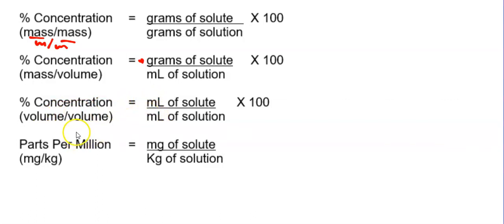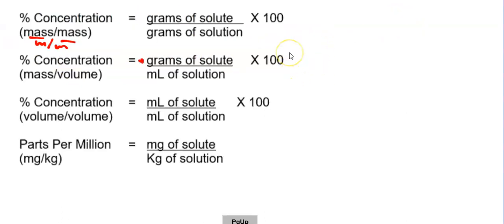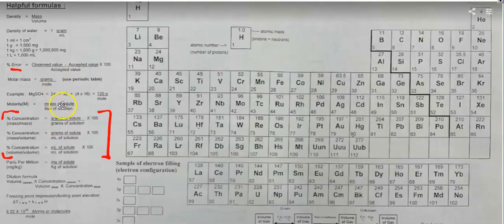So let's go ahead and just look at an example problem. You have 15 milliliters of bleach in 4,000 milliliters of water, and it wants the percent volume over volume. So I've already cut this equation from the notes. It was right over here on your periodic table.